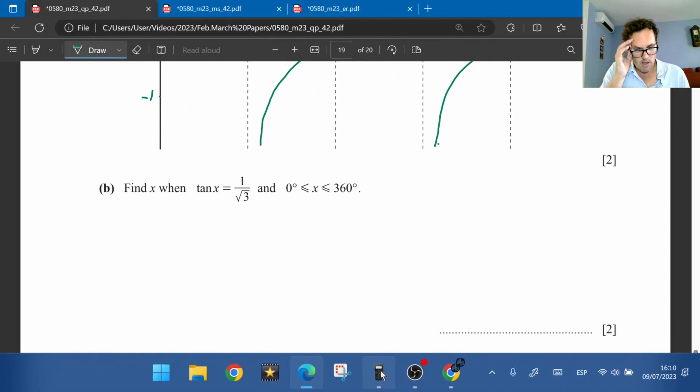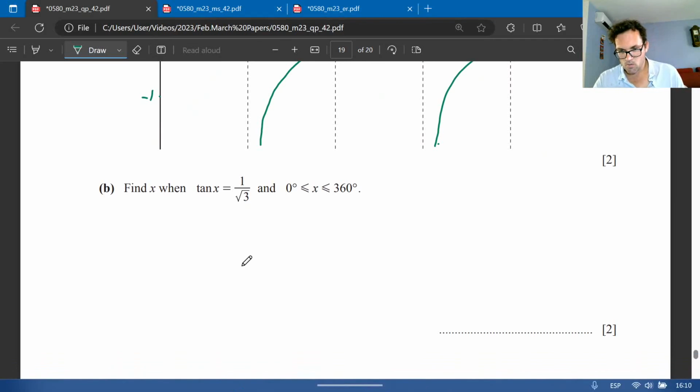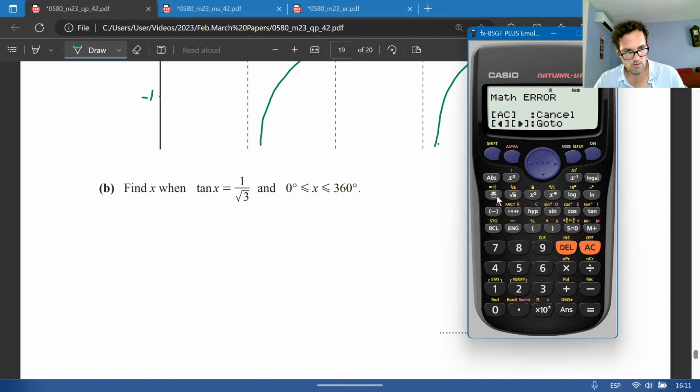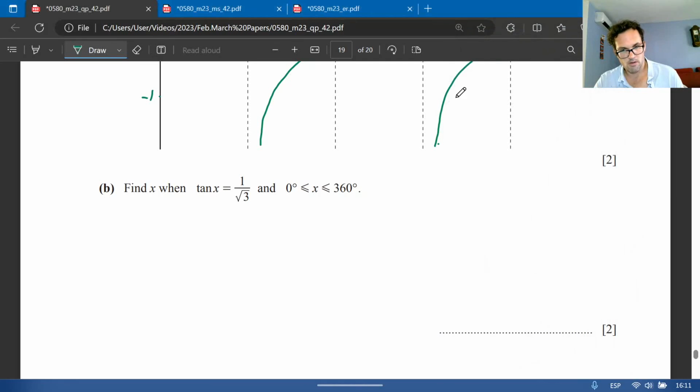Next one, we need to find x when tan x equals 1 over square root 3. What is 1 over square root 3? Let's have a look. 1 over square root 3, there, 0.577.